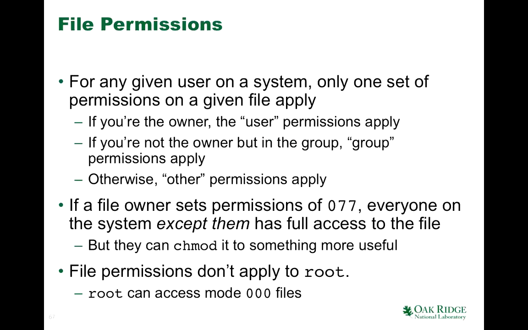How that can be important: if you happen to set permissions of 077, that means everybody on the system except the person that owns the file has full access to it. Now, obviously, since they own it, they can change those permissions to something a little bit more useful, but you actually can create files that you cannot access.